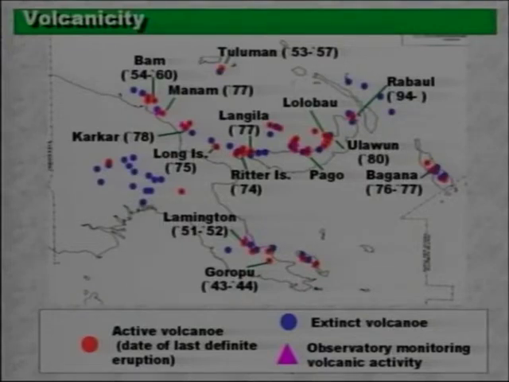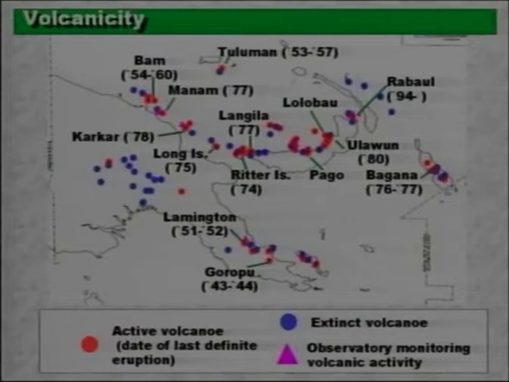When you look at that information, it is important you also recognize and know the location of those different volcanoes in the country. I might give you a test, where I give you a blank map of Papua New Guinea and ask you to plot in where the Matupit volcano is, or plot in where the Karkar volcano is.